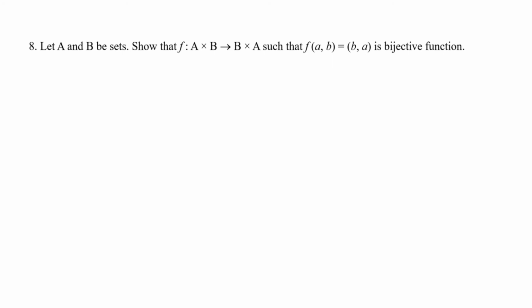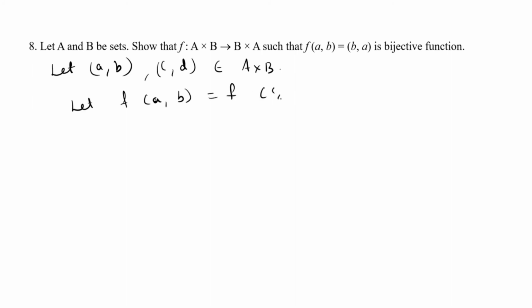So first let us take the ordered pairs (a, b), (c, d) belong to A × B. And let f(a, b) = f(c, d).